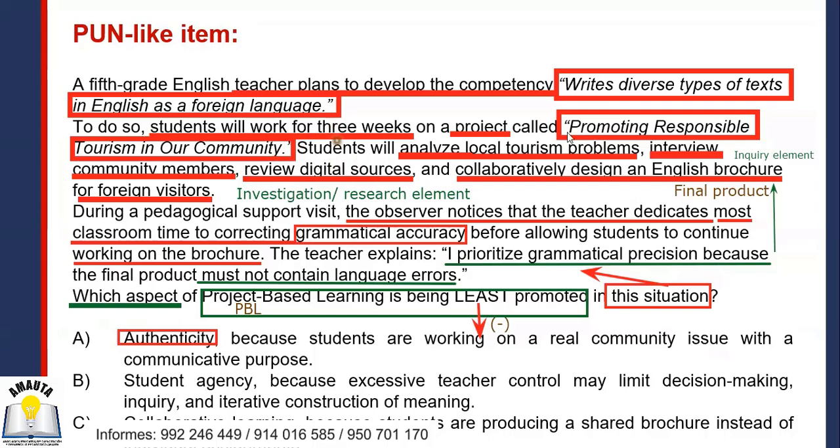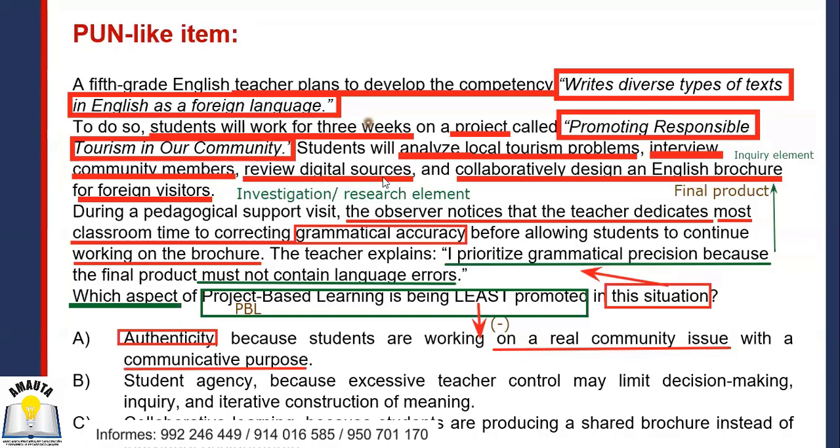The problem is this one: responsible tourism in the community, with a communicative purpose. Students are working on a real community issue, to promote responsible tourism. A community issue with a communicative purpose. All right, authenticity.